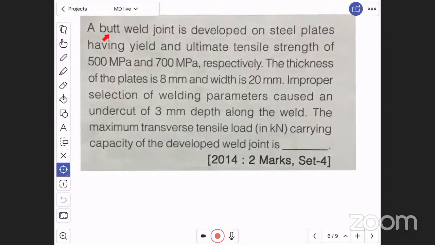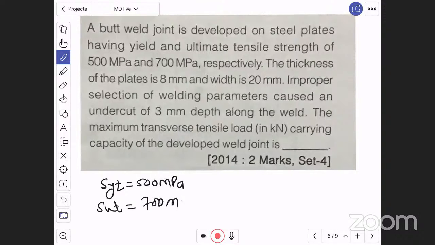The question is, a butt weld joint is developed on steel plates having yield and ultimate tensile strength. SYT is yield strength and SUT is ultimate strength. Yield is given as 500 MPa, ultimate is given as 700 MPa.